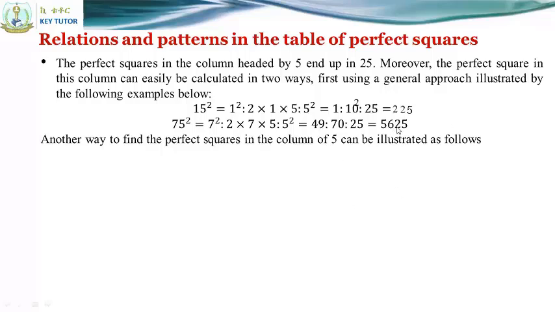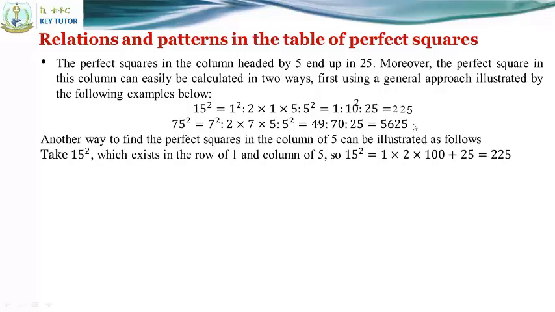Until now I have written 2 and 5, and then the remaining 7 is taken as a carry to 49, which gives us 56, and the whole 56 is brought here. Now the whole thing is 5625. So 75 square is simply 5625.